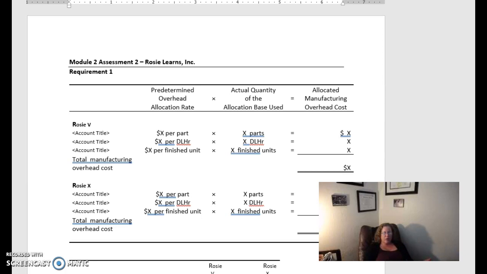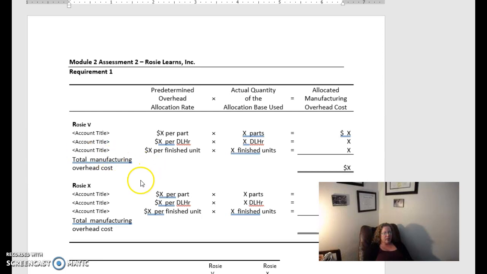So even though they finished some units, they had 3,500 produced, just remember when you get to this part here that the information told you there was no finishing work. So they finish products, but they don't have to do the actual finishing work. Just remember that and keep that in mind.